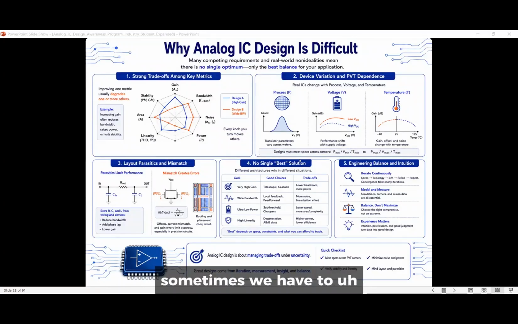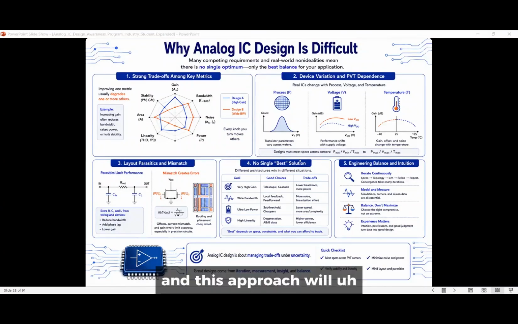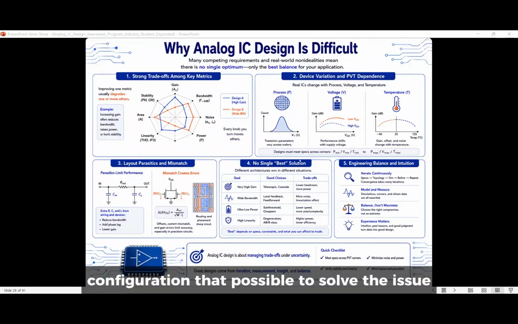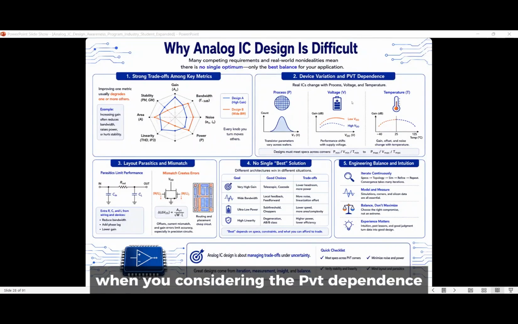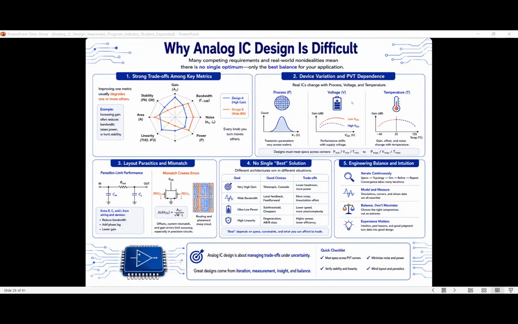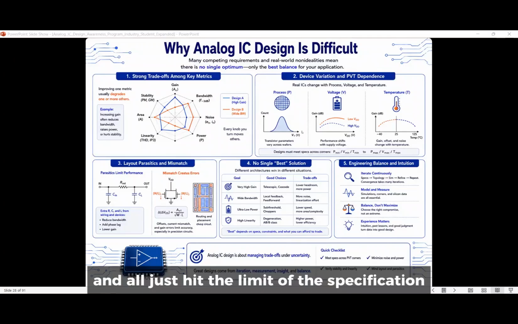So sometimes in a group we have to discuss several approaches, and these approaches will incorporate different configurations that are possible to solve the issue. And more importantly, when you consider the PVT dependence, some topologies start to malfunction or just hit the limits of the specification.